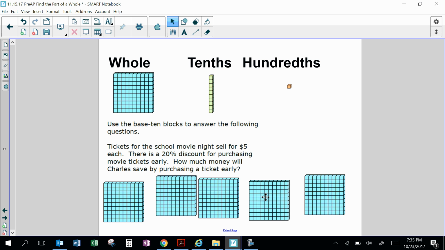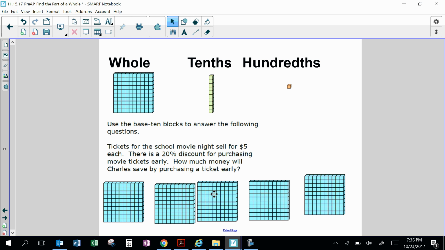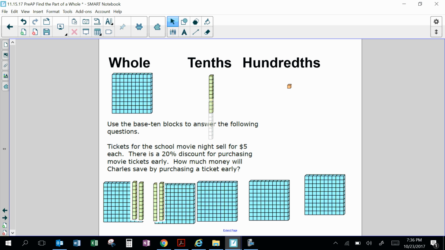So there is a 20% discount for purchasing movie tickets early. So this represents one whole, or another way to see it is 100%. So 20% of this represents one whole. 20% of this, 20% of this, and 20% of this.